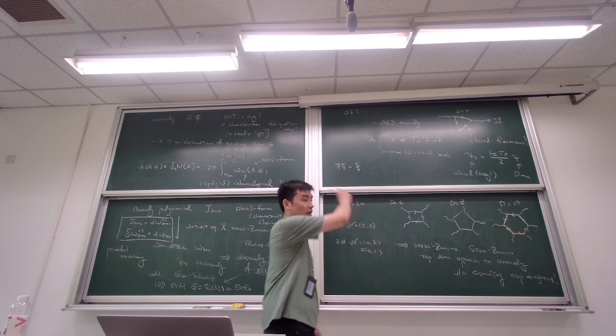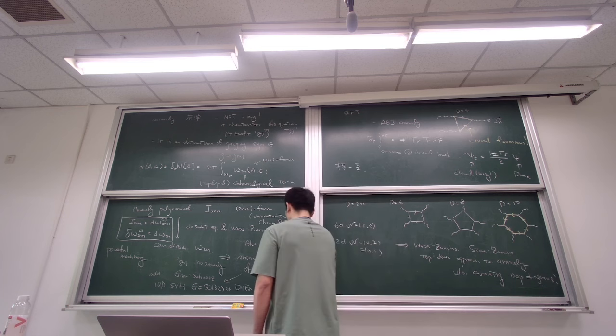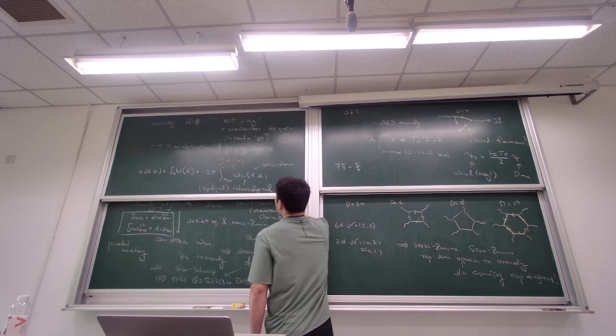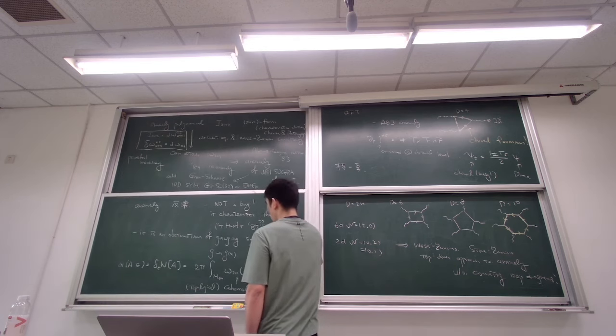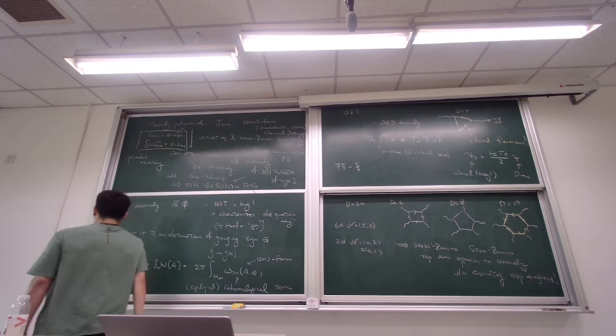That is called the anomaly polynomial, which I'm going to explain.